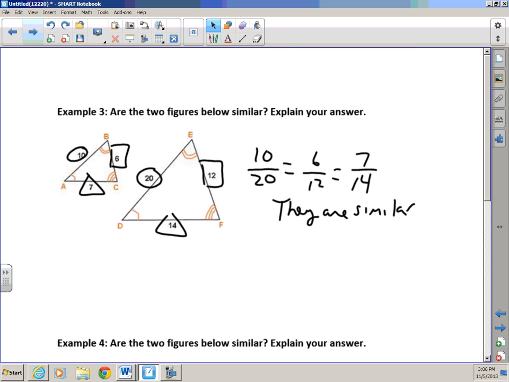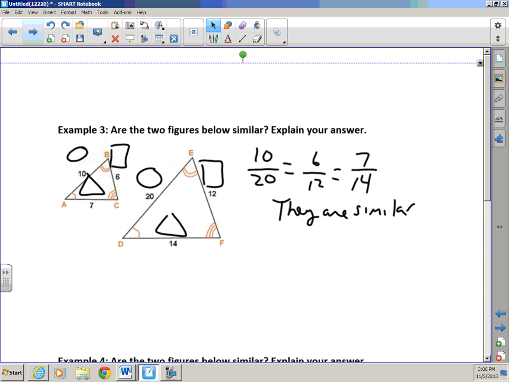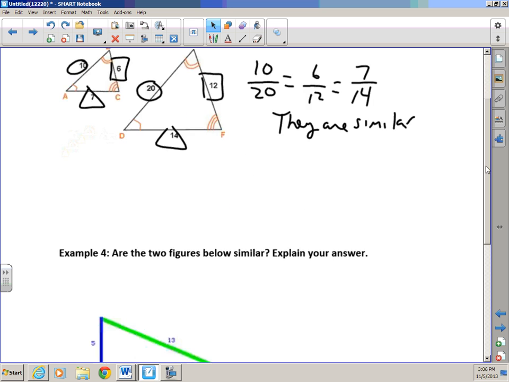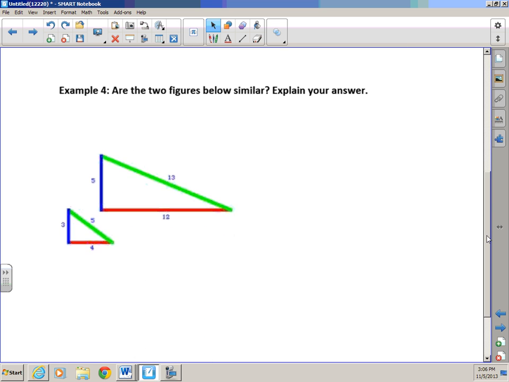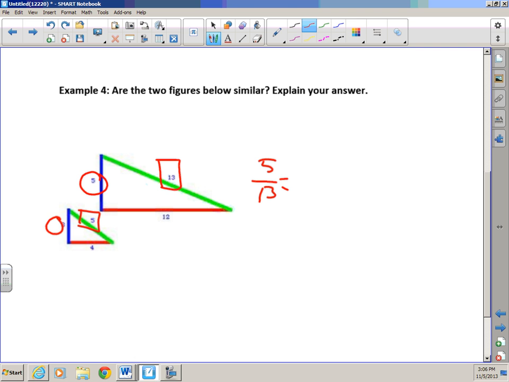Now, in the next one, you're helped by the fact that there's a color coding of these two figures. But if you didn't have color coding, it's really not that big of a deal. I take the largest to the largest, and I'm going to take the smallest to the smallest.